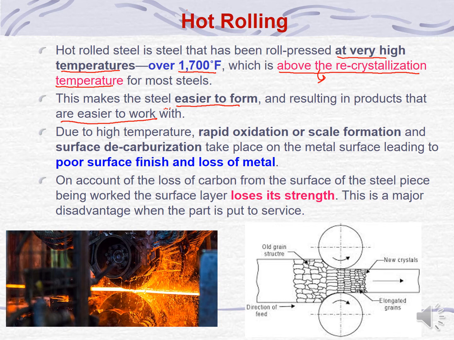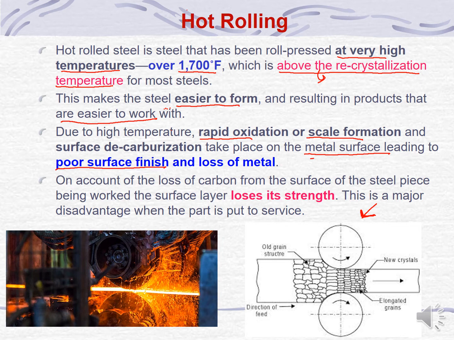But due to the high temperature, rapid oxidation or scale formation will form on the metal surface, which leads to a poor surface finish. This illustration is about the changes in microstructure of the metal during the hot rolling process.